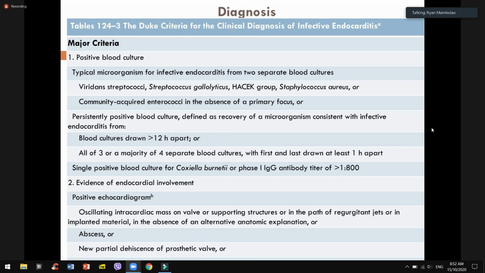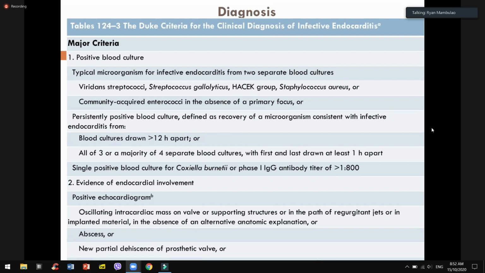So you need 2 major, or 1 major plus 3 minor, or 5 minor. In other books, if there is no major and only 5 minor, you have to think that the 5 minor may have been forced. So most of the time, you still have at least 1 major. What is the major criteria?